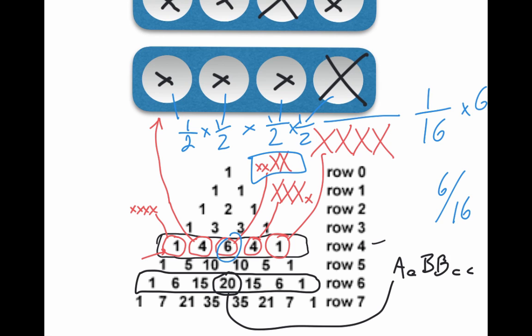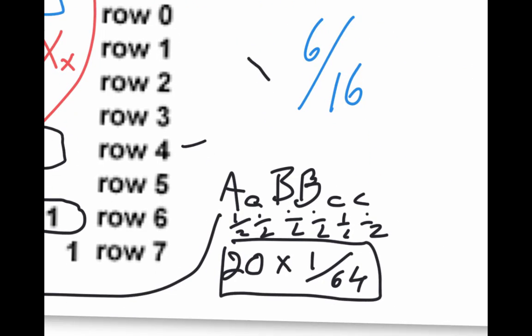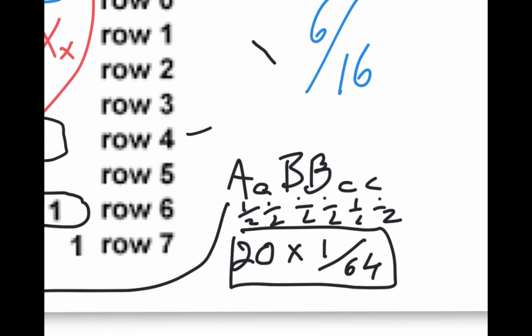But to get them all, we would have to do 20 times 1/2 times 1/2 times 1/2 times 1/2 times 1/2. So we have 1 out of 64. So our frequency for this case would then be 20 out of 64.